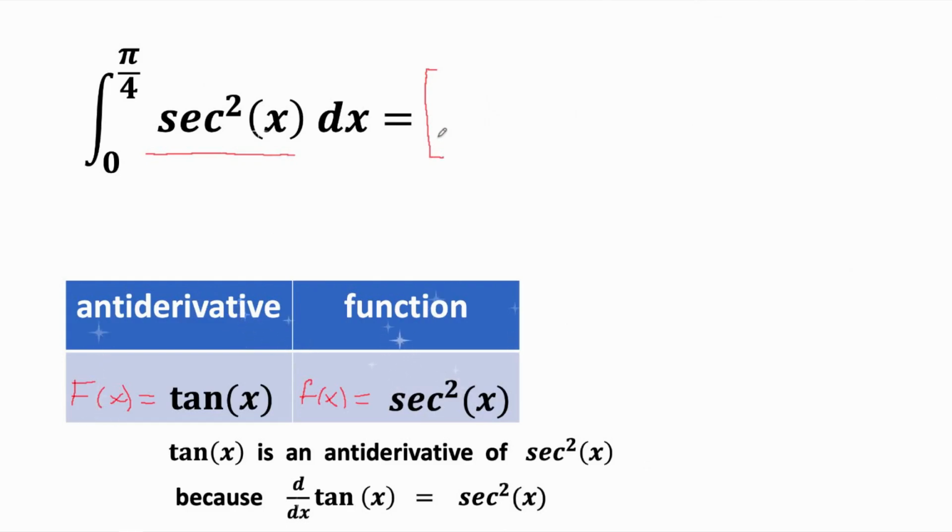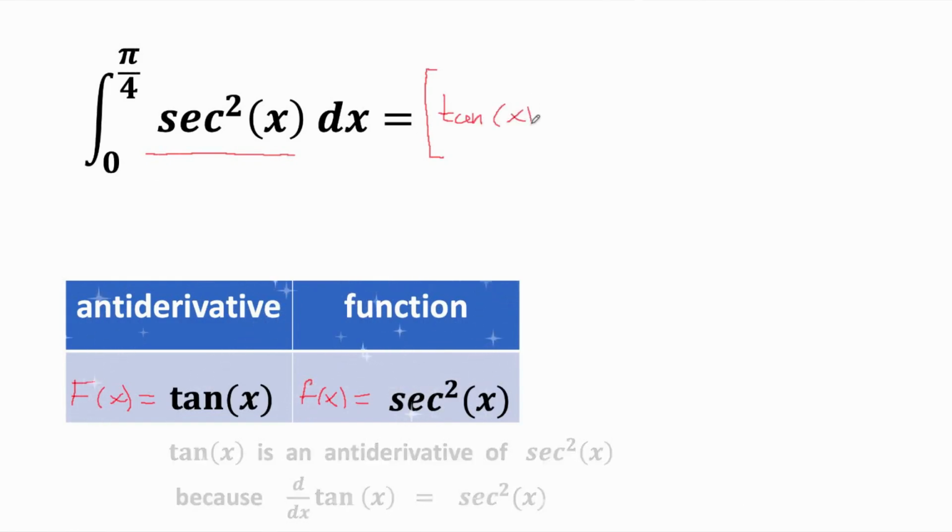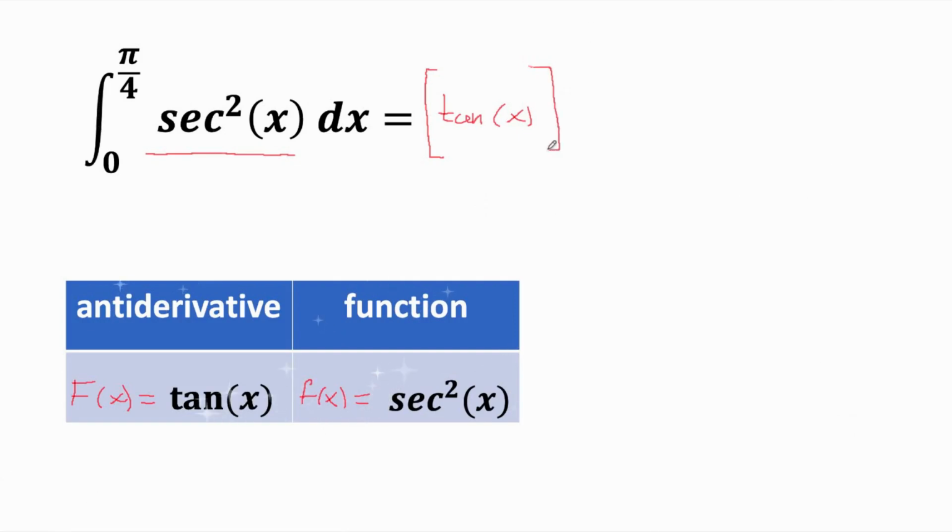So we'll take this antiderivative, which is tangent x in this example, and then we'll indicate that we want to evaluate this function when x is equal to 0, and then when x is equal to pi over 4. First at pi over 4.